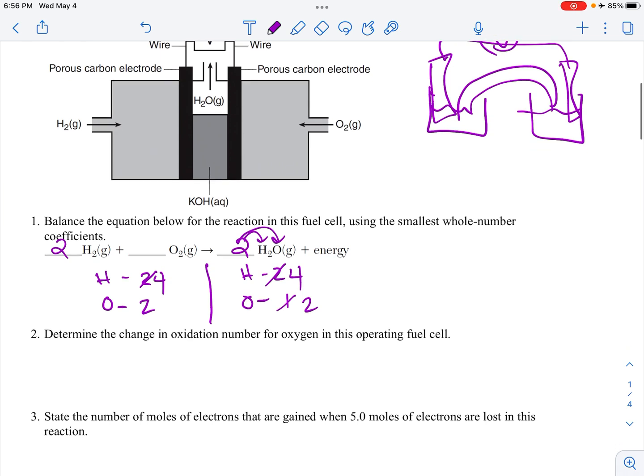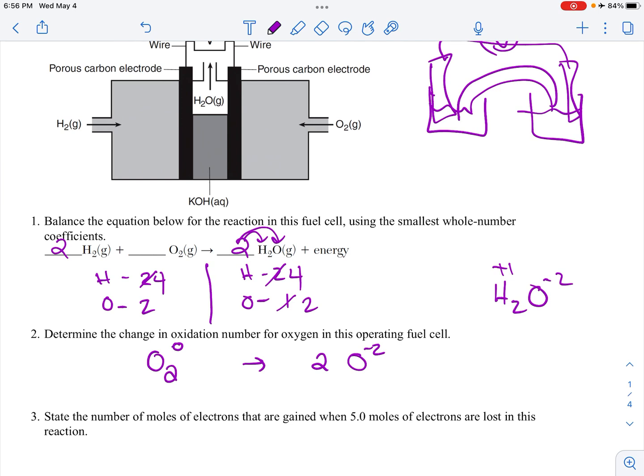Determine the change in oxidation number for oxygen in this operating fuel cell. Well, here's our reaction. We went from O2 to 2O, because remember that's distributed. Oxygen is a free element on that side, and on this side, it's got a -2 charge, because of course, H2O is plus 1, minus 2, so assign oxidation states.